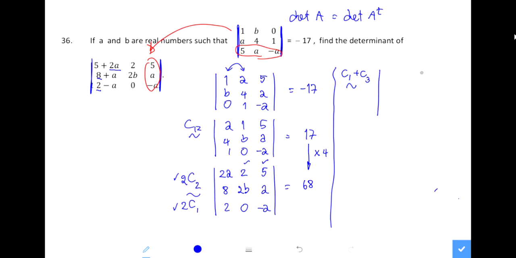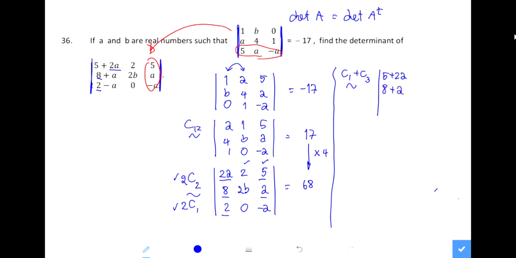So I'm going to have this. Let's free it from the back so that it's not too narrow. So I'm going to have this 2a out of 5 plus 2a now. If I add this and this, I have 5 plus 2a. I add 8 and this, I have 8 plus a now.